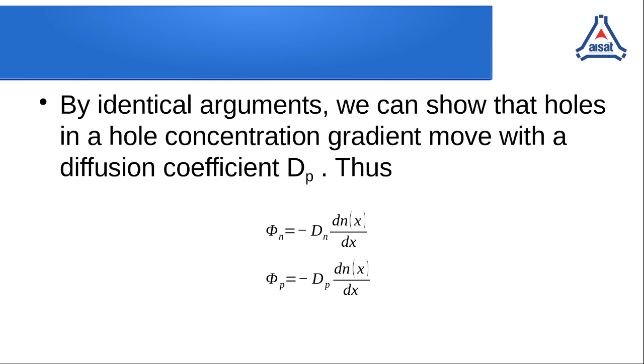As I had mentioned earlier, we derive in terms of electrons and relate it to that of holes. So phi n is equal to minus Dn dn(x) by dx that we have derived. Similarly, for holes, phi p is equal to minus Dp dp(x) by dx.